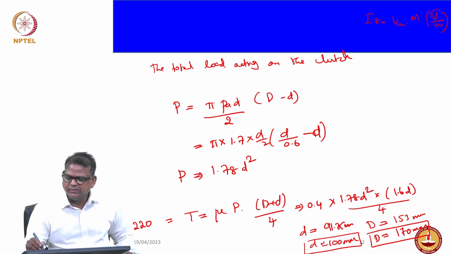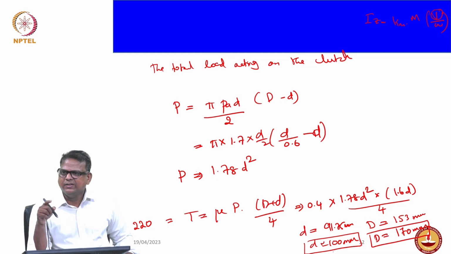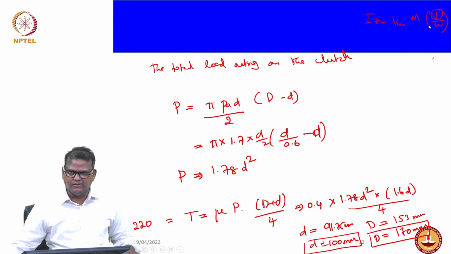So the V is nothing but your vehicle velocity. That vehicle velocity will change for each gear, right? So in that case we need to have the velocity table also.